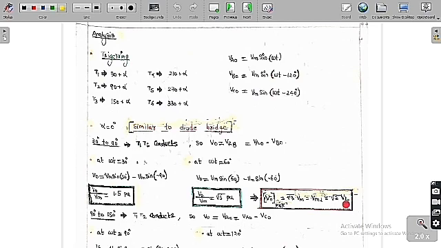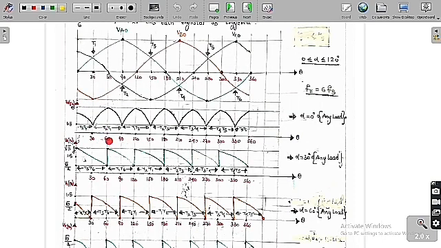Now at omega t equal to 60 degree, we get V0 by Vm equal to root 3 per unit, and this is the maximum value for alpha equal to 0 degree.